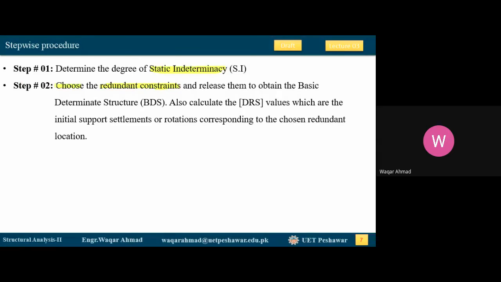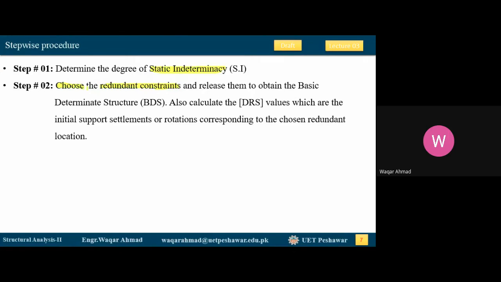This word choose means that if you have static indeterminacy equal to 2, you have 2 extra unknowns, but these are not the only unknowns in your structure.